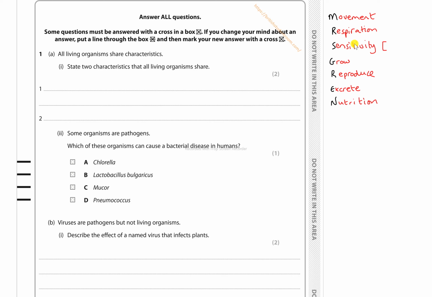For example, if it gets too hot, you can move into the shade. They control the internal conditions. Homeostasis, excrete, respiration. Okay, that's it. So we can put any of them two in there.